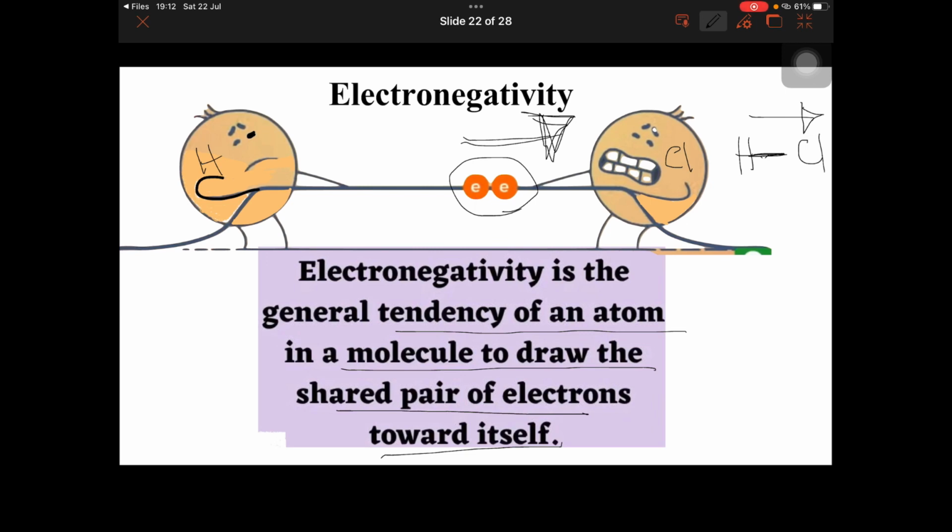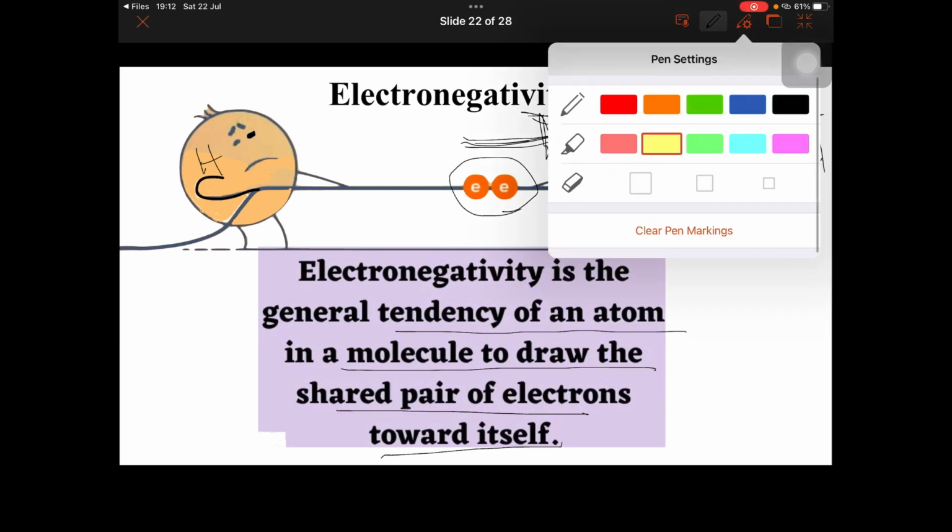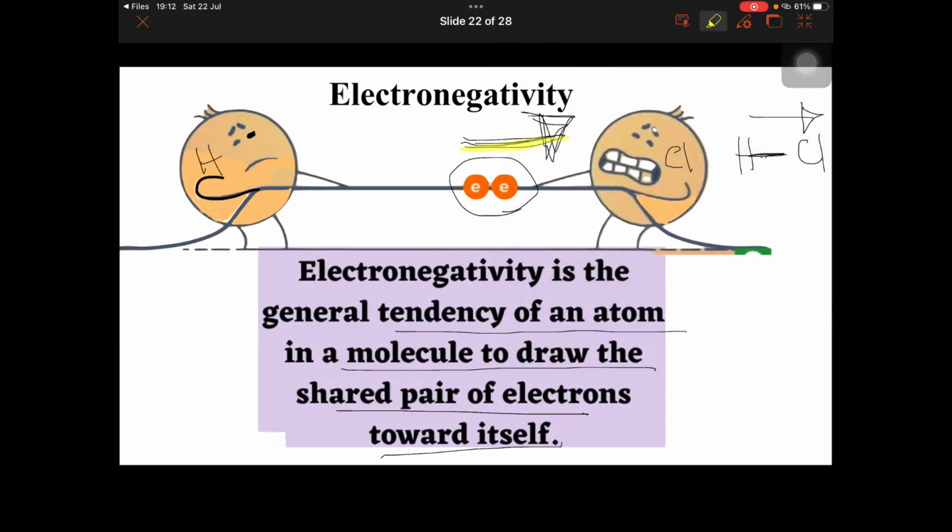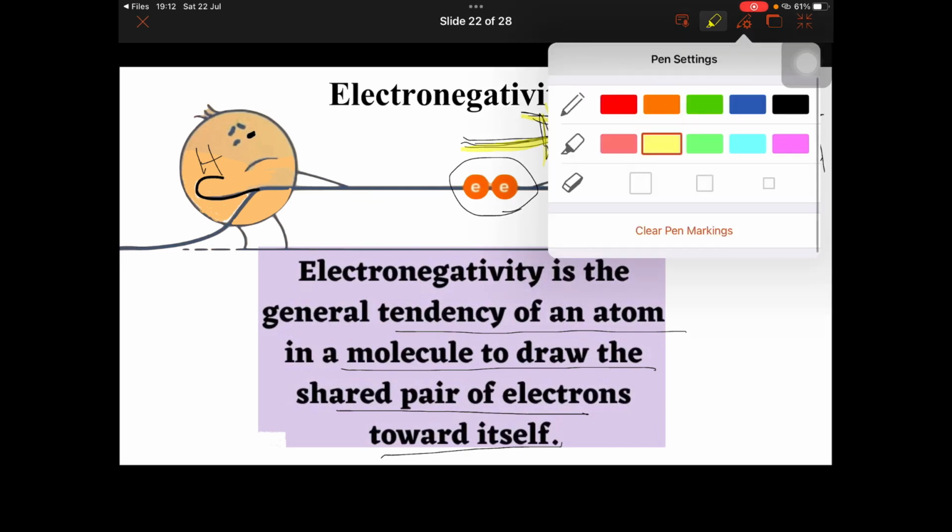So in terms of the craving for biscuits, your friend has a higher craving. Likewise, the more electronegative element has a higher craving for electrons. So these bond electrons are being dragged towards the most electronegative element. So chlorine is actually more electronegative than hydrogen. So I hope you get the idea.